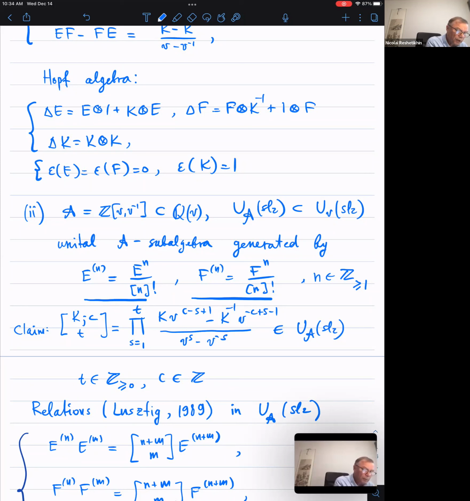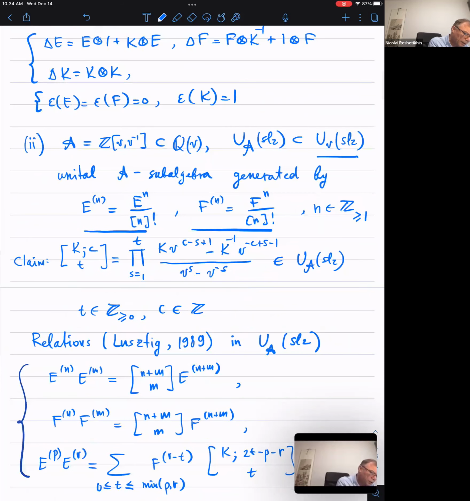There are plenty of other elements in U_v sl2 you can divide by anything, but we consider only those. And we consider, say, polynomials of these elements, modulo whatever relations they satisfy, that will come later. And we consider these A-linear combinations of such polynomials.